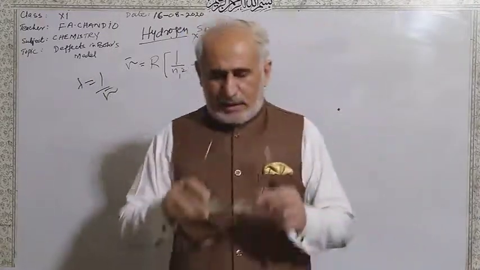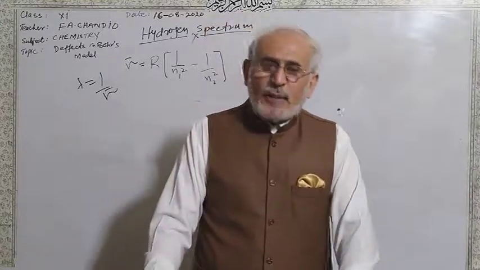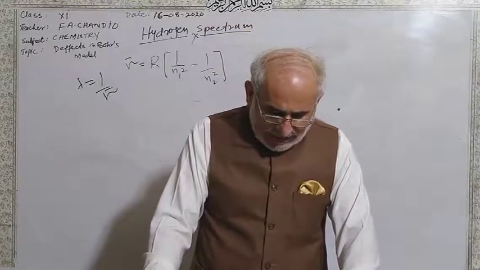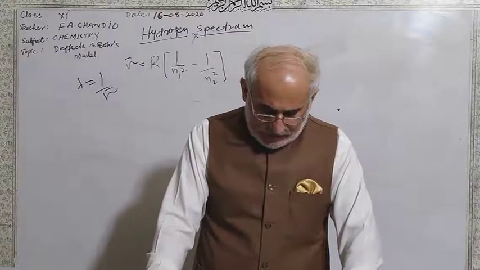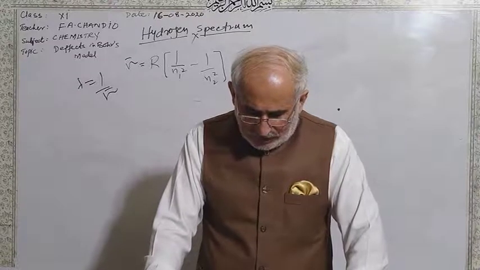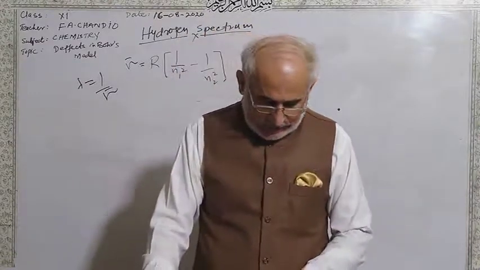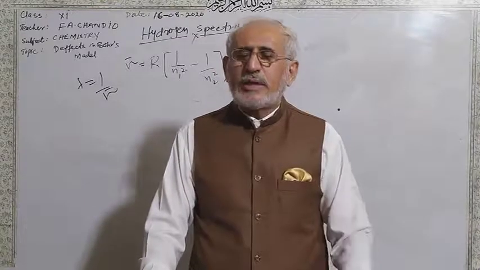So you can calculate the wavelength. So Bohr was able to predict the wavelength in a hydrogen emission spectrum and electron transition, change of energy levels from one orbit to other orbits according to the hydrogen spectrum.